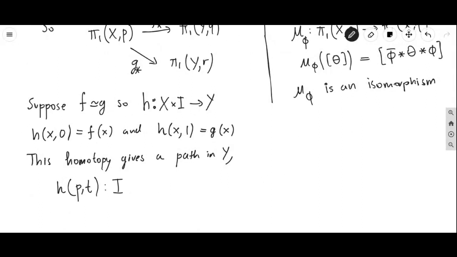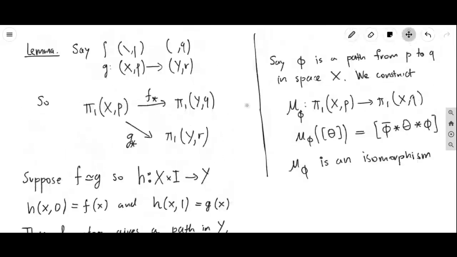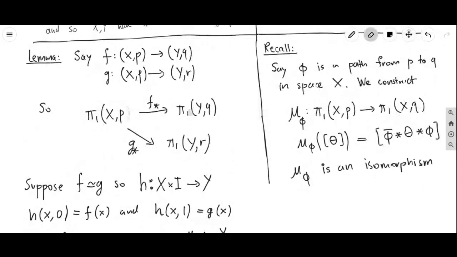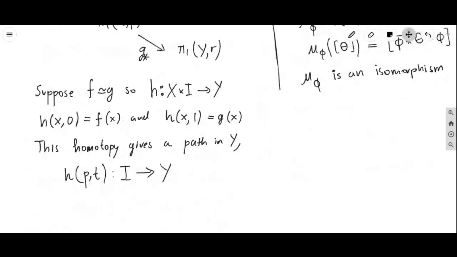So this is now a function from I into Y. H is a function of two variables, the X variable and the time variable. So you're fixing X to be P, this point right over here, and then you're letting time vary from 0 to 1. And what is this? This is by definition a path in Y because it lands in Y.